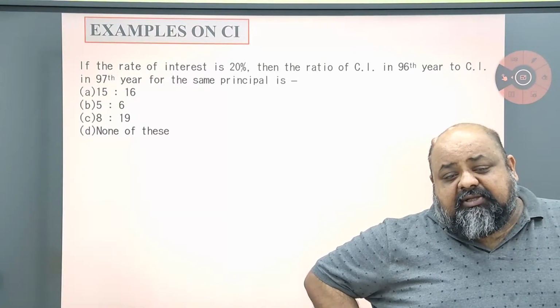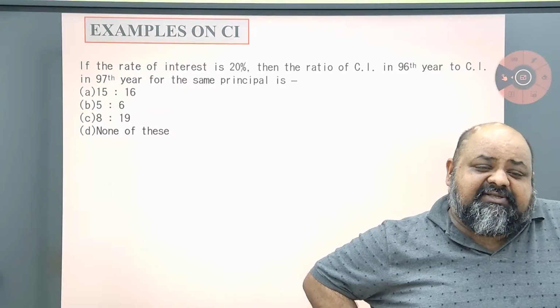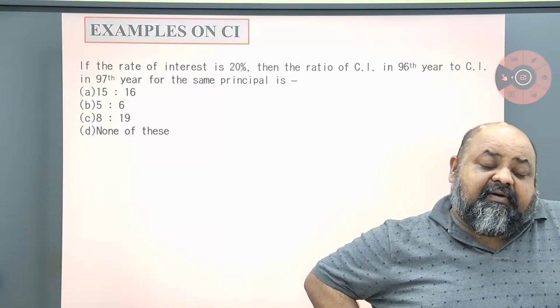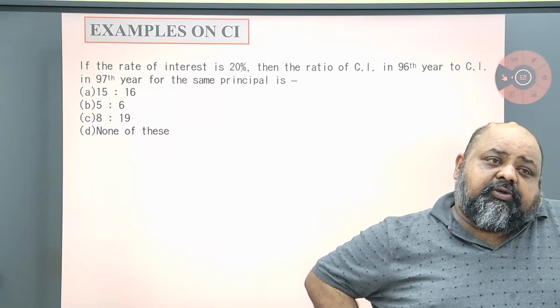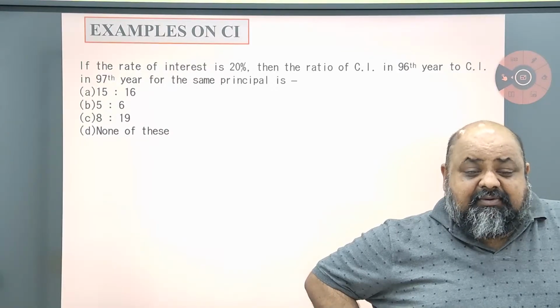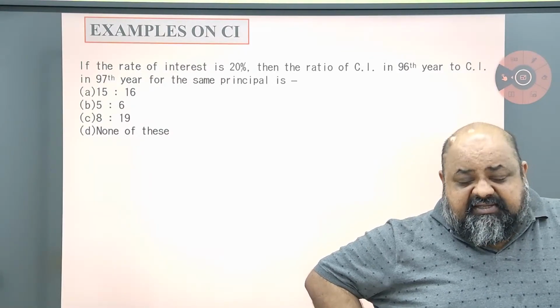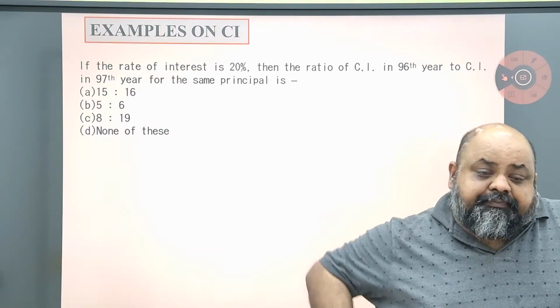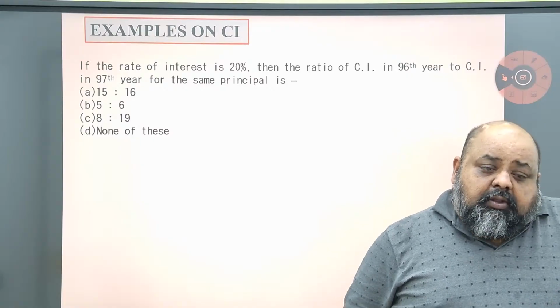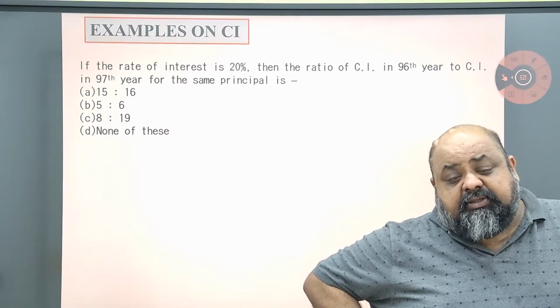Clearly, this is not a calculation that I will do using the formula because as it is 96, 97, I cannot calculate powers. Also, it does not talk about amount. It just talks about the compound interest. So how do we go about this question?